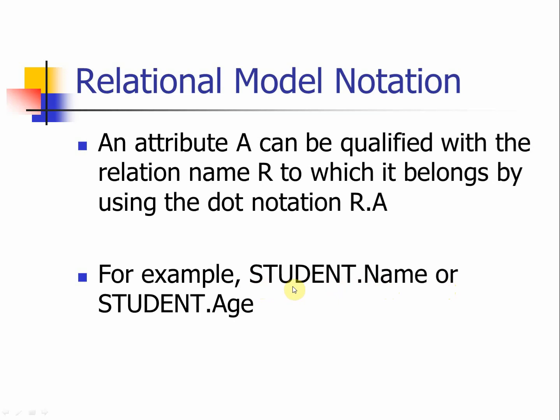This way is very clear. Even if you have duplications of the name, for example, student has a name attribute and faculty has a name attribute, specifying student.name or faculty.name will distinguish one from another. So you can have the same name in different tables. And that's how we'll be able to specify the information.